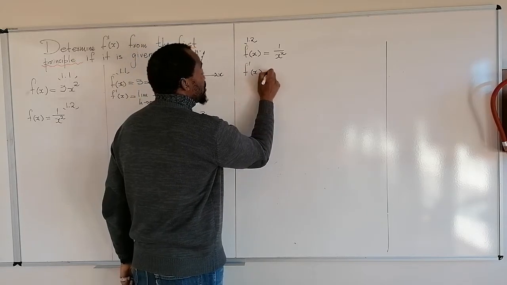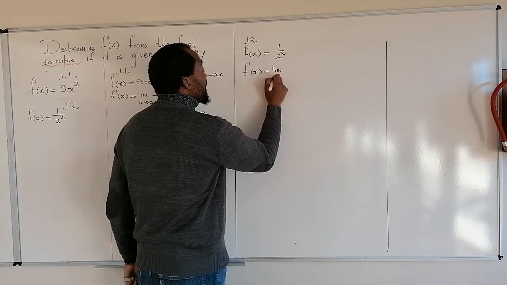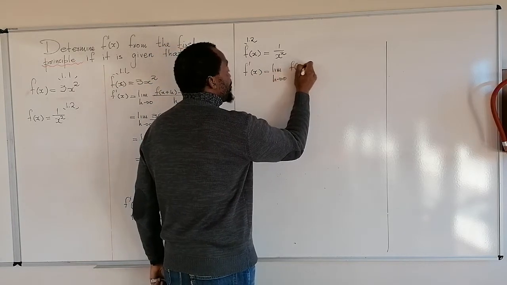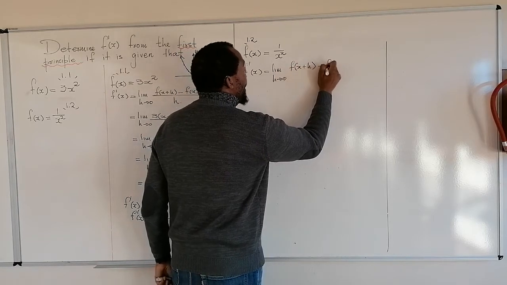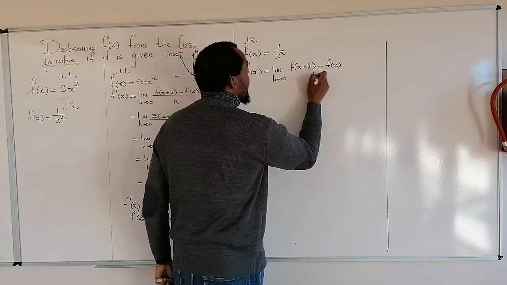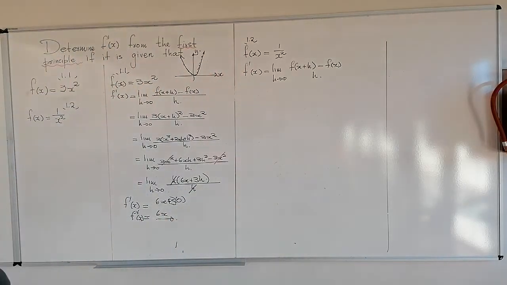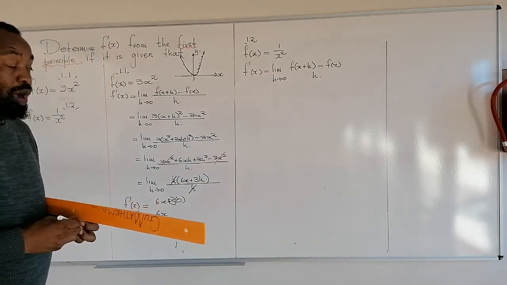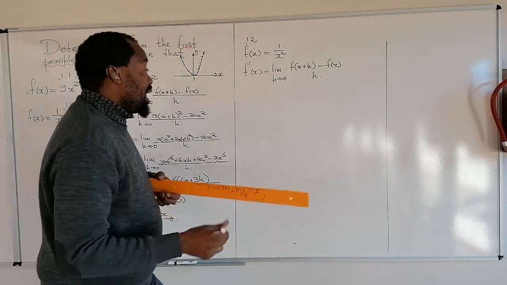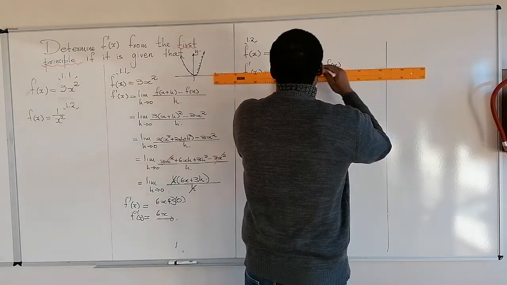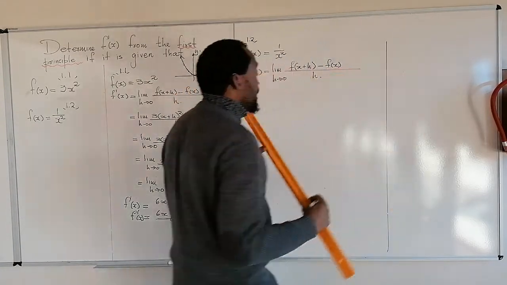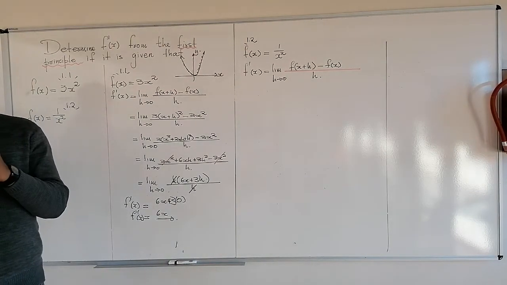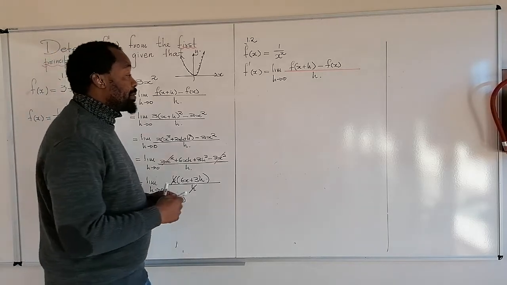Derivative of f with respect to x is the limit as h is approaching 0 of f of x plus h minus f of x divided by h. Now, folks, in this one, look at what I'm going to do. I am dividing with the red line so that you are able to follow what I'm doing precisely.